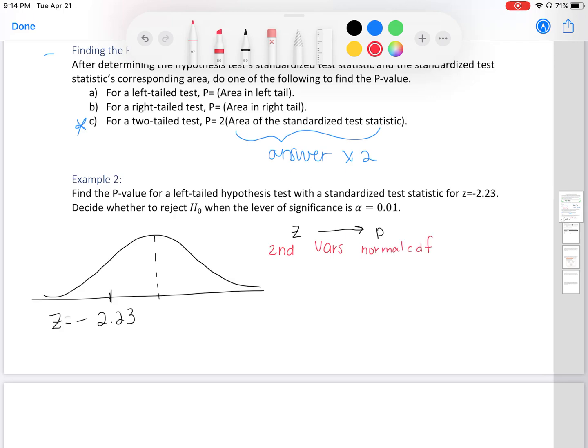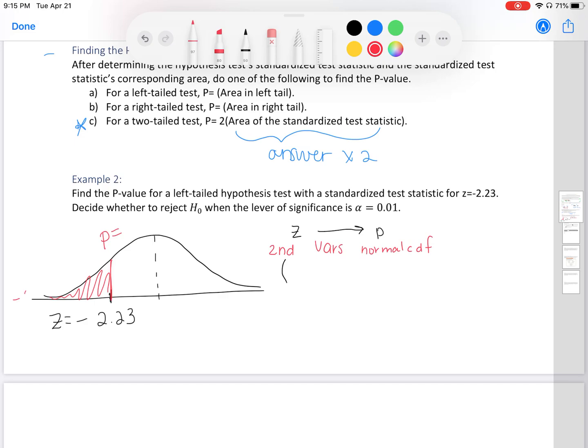But because we're working with z-scores, we're going to work with a mean of 0 and a standard deviation of 1. So to find this z-score and change it to a p-value, I have to enter it, working with this area.